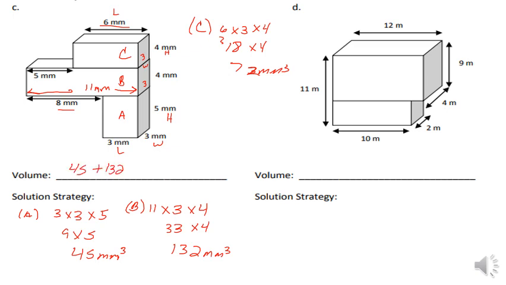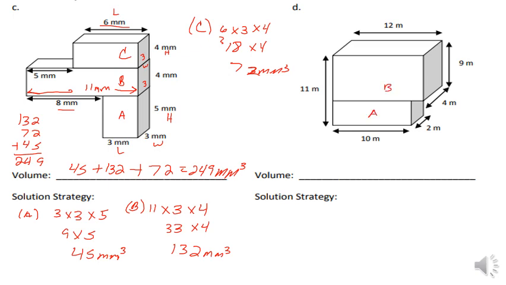So the sum, 45 plus 132 plus 72, is going to be 249 millimeters cubed.